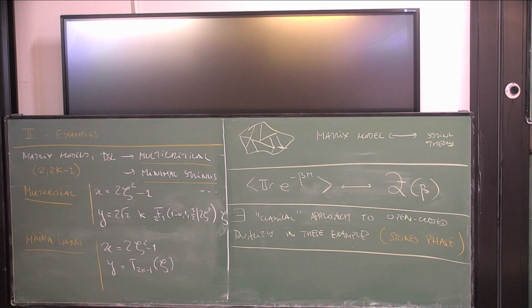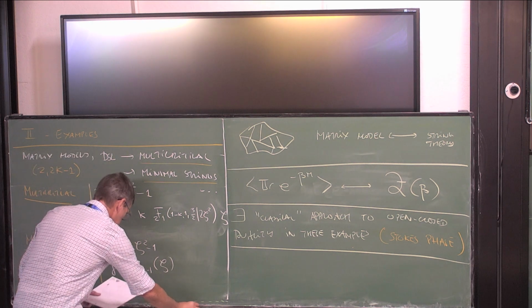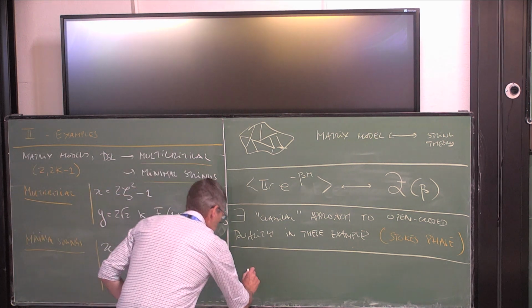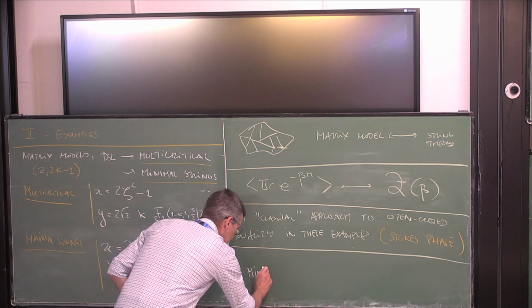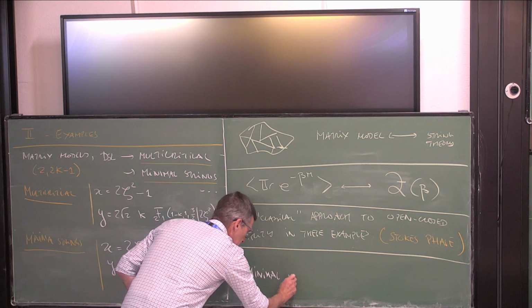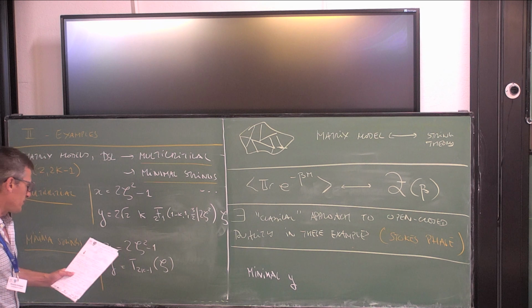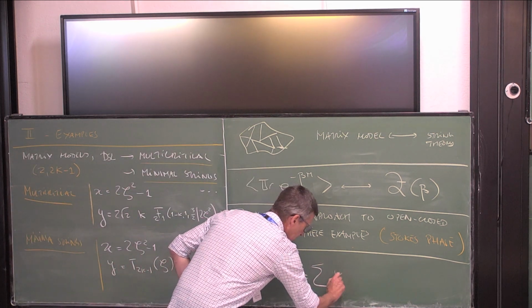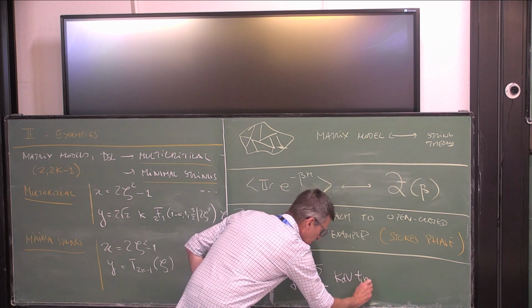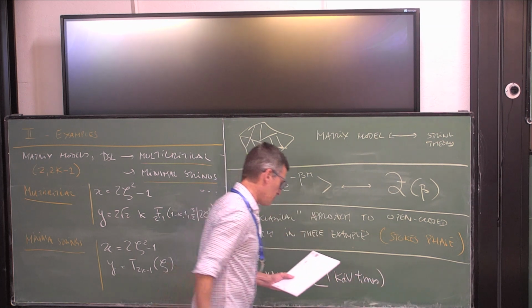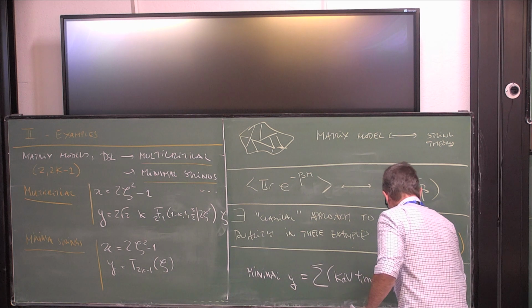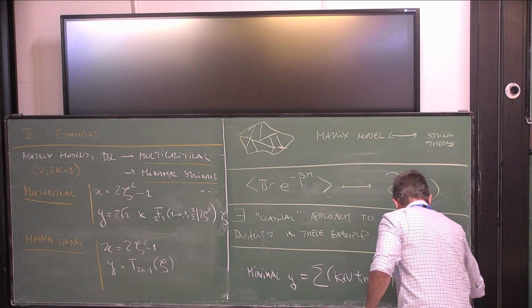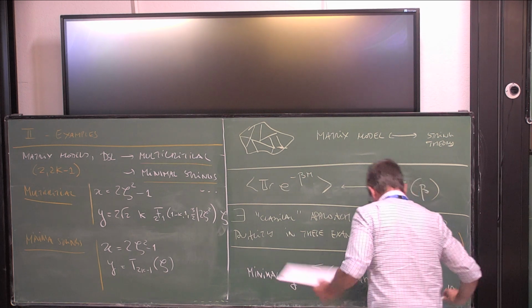All right, these things, of course, are not completely independent, and it's an interesting thing that let me just put it here in quotation marks, and then I'll write the formula in a second. Is that minimal string spectral curve is basically given by a sum over KdV times of the multicritical spectral curve, right?